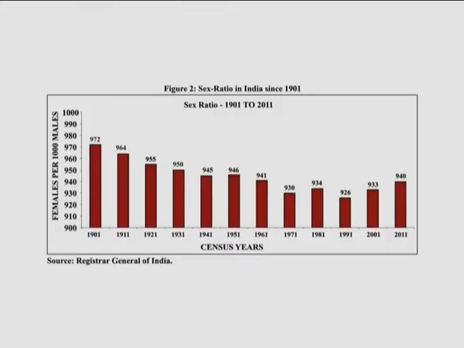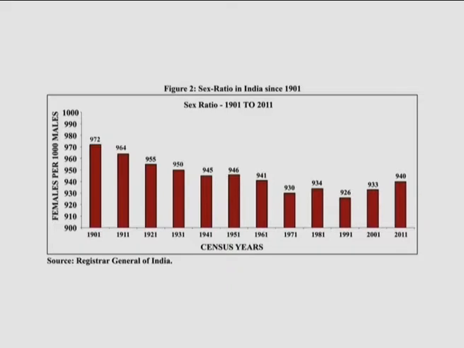Ironically, the sex ratio in India has always remained lower than 1000. This can be observed from figure 2. The figure shows that the sex ratio of the country was 972 in 1901, which gradually declined and reached 946 in 1951 and 933 in 2001.